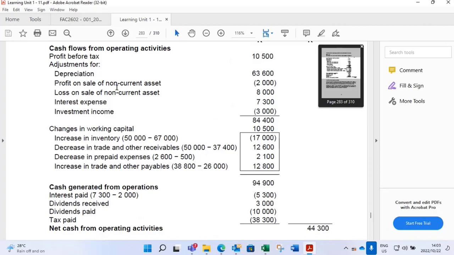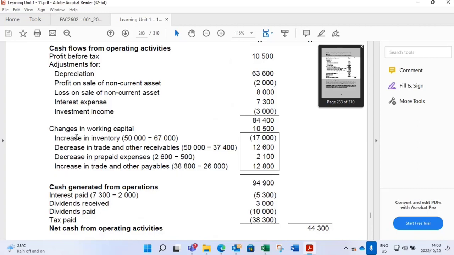Okay, I'm saying then on the indirect method, right? The depreciation and all of that is non-cash items. Let me just step outside a little bit so that I can explain this.